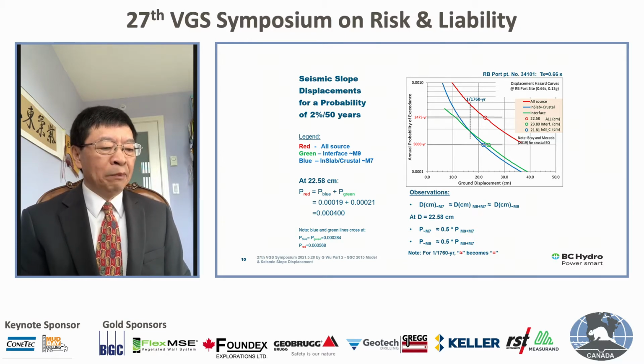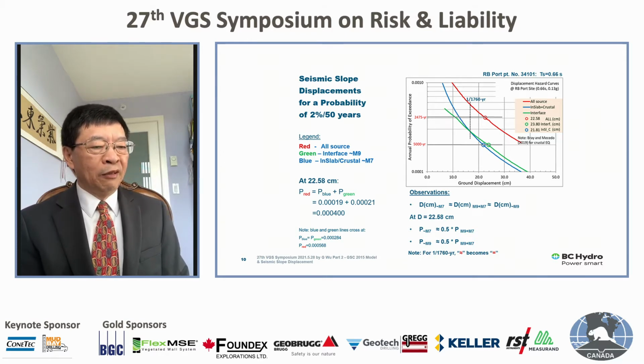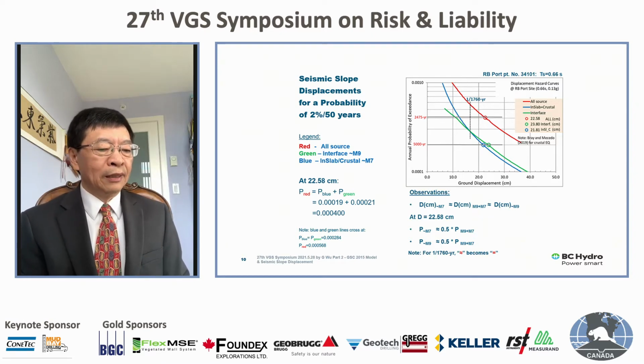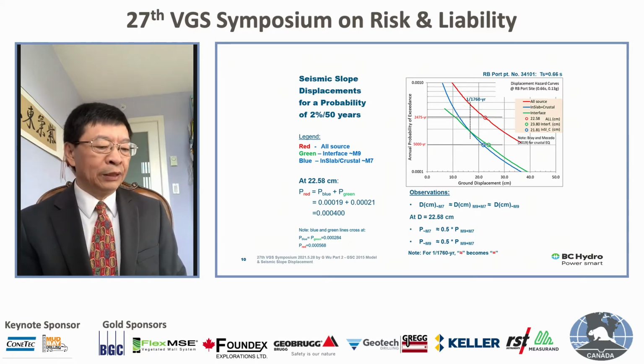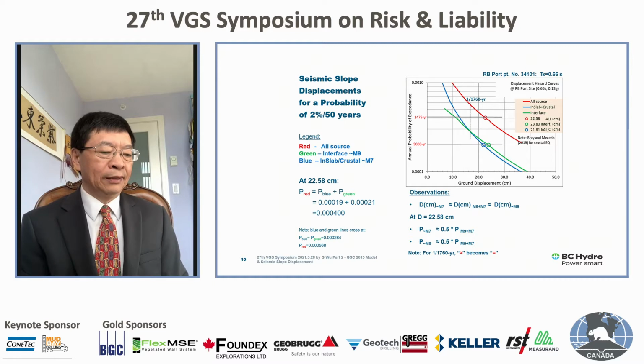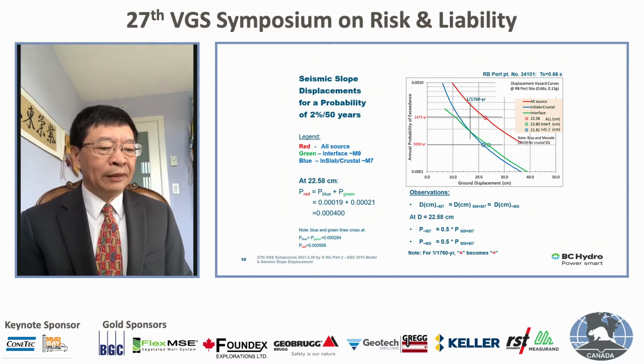For instance, you apply the spectral values at the 2475 level, you get 1 point. And then you apply the spectral acceleration level at 5,000 years, you get another point, which is the blue circle. That is the point you will get for the 1 in 5,000 year earthquake for crustal and basically for non-interface.